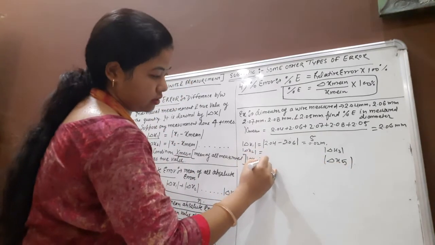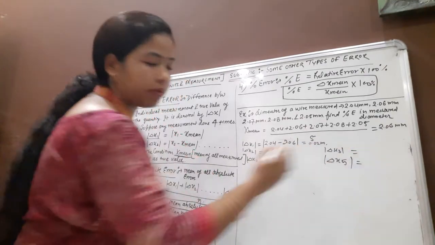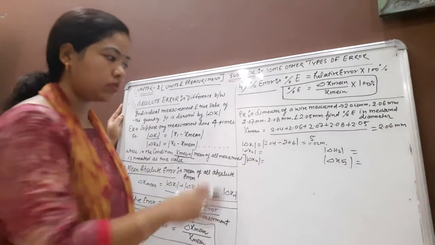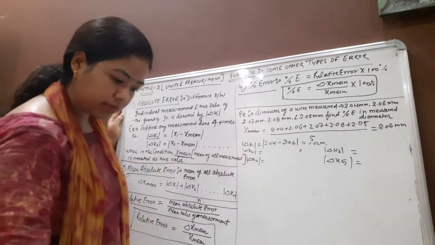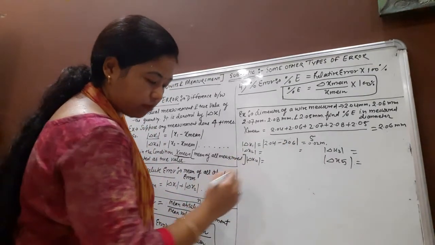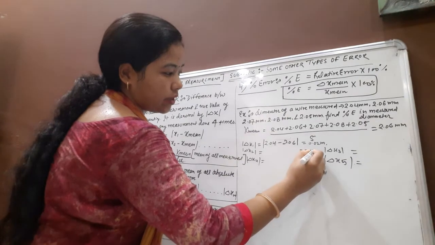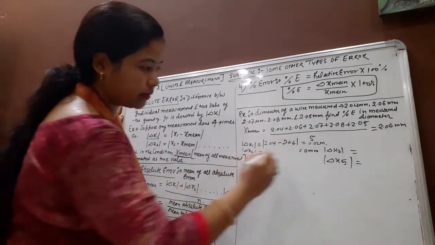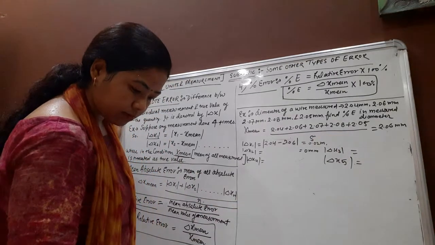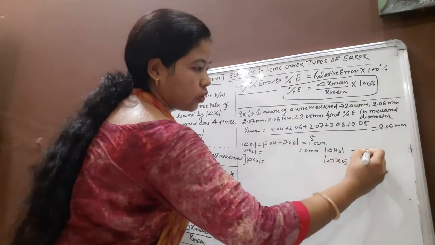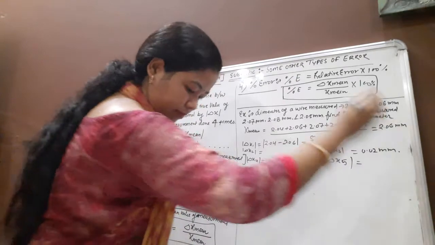You will just calculate all these values with the help of the formula. Right now I'm just writing the direct values because we do not have much more time. So the second will be 0 mm. For the third you will get 0.02 mm.